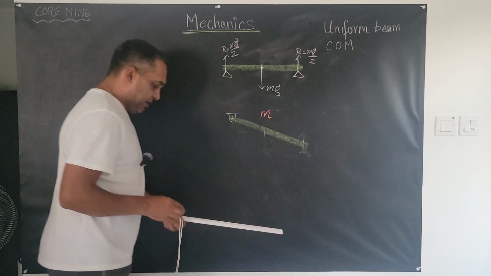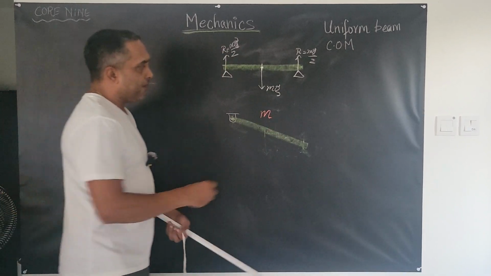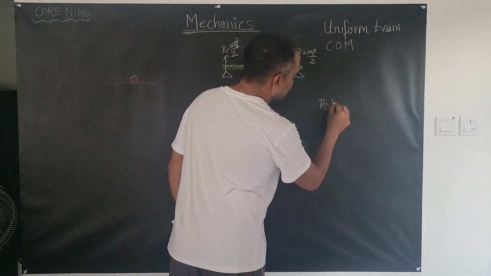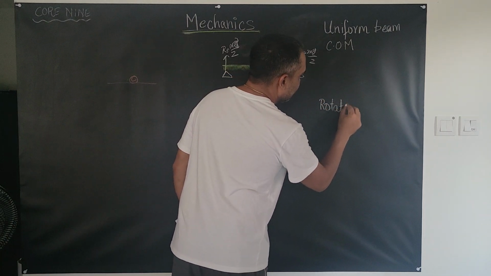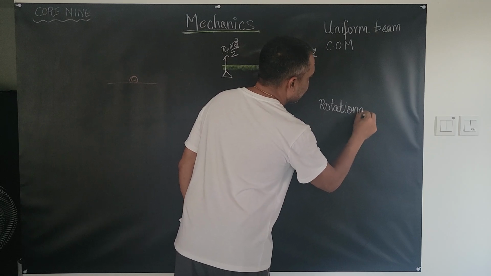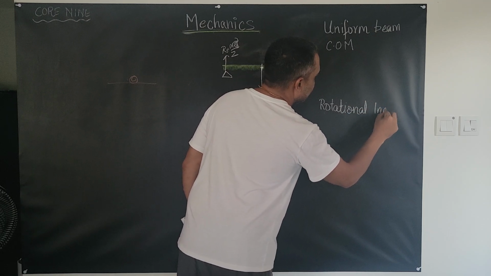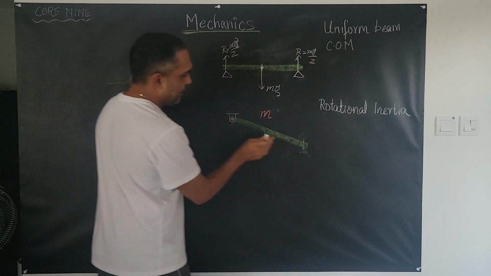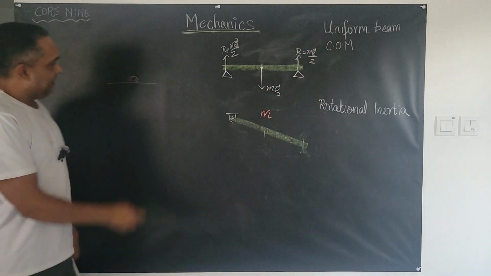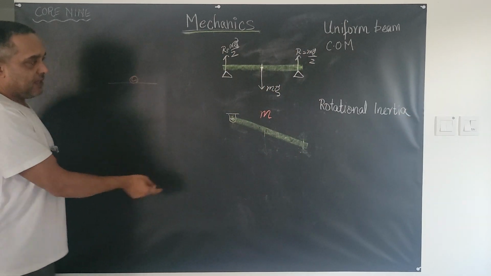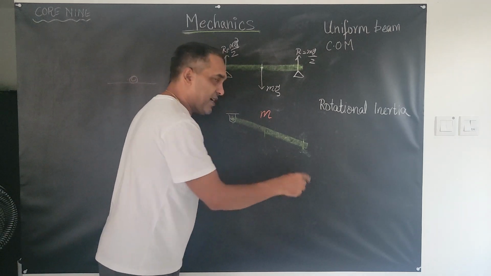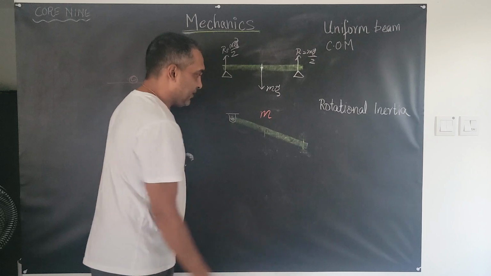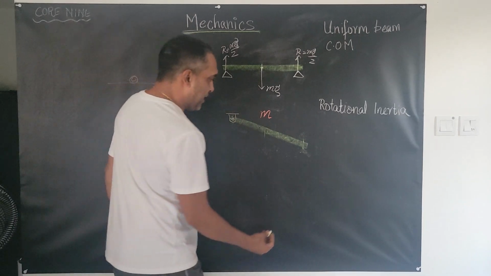This rotational inertia, and I'm going to use this term, rotational inertia, right? Inertia is a resistance to motion. Rotational inertia is a resistance to rotational motion. It doesn't want to move along this direction. I would need to apply a force.